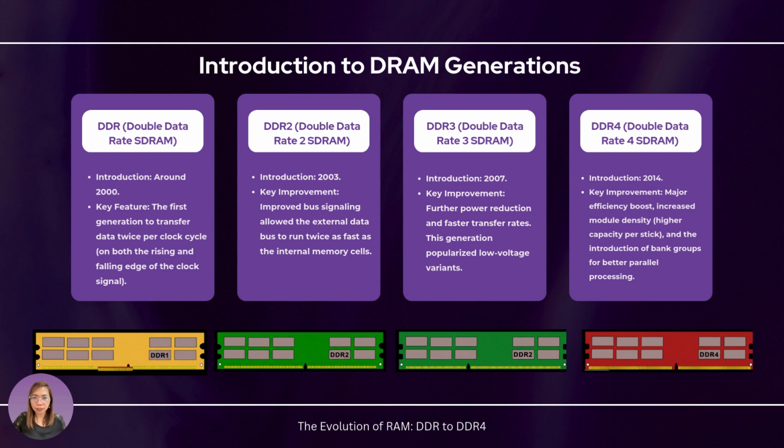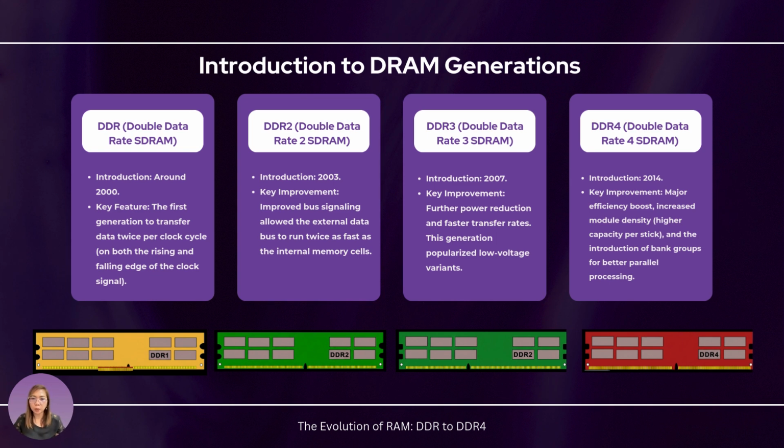The third DDR, or DDR3, was introduced in the year 2007. The key improvement for this DDR is further power reduction and faster transfer rates. This generation popularized low voltage variants. The prefetch is 8-bit, which doubled from the DDR2.